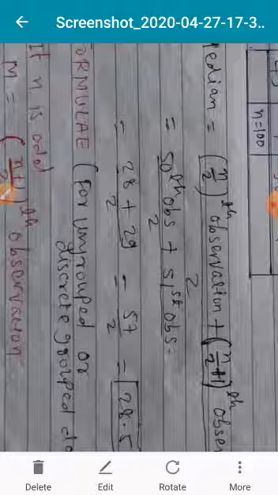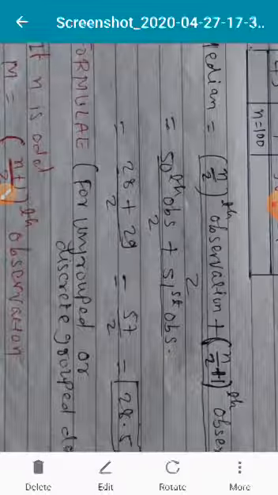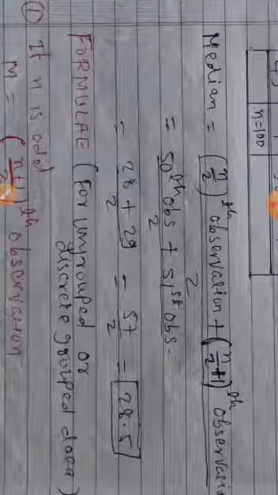Okay, so this is totally different. Whatever you can see here, we are not getting a median class, but we are getting the medians directly. So there is no use of that formula, l plus (n by 2 minus CF) upon f into h. That formula is not used here. That is used whenever continuous grouped data is there.